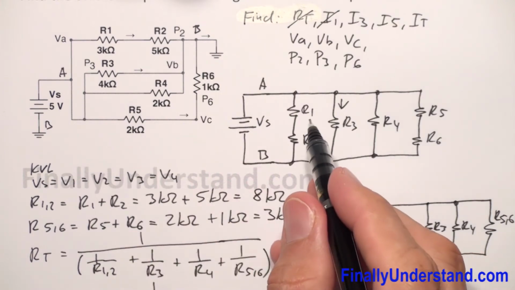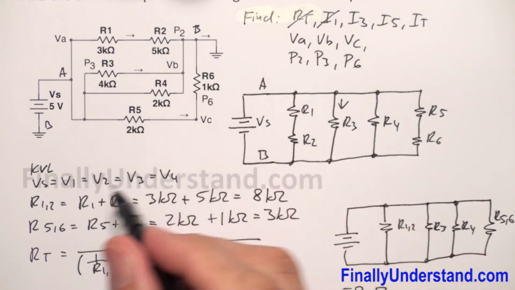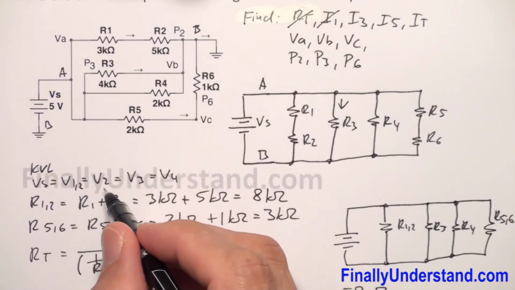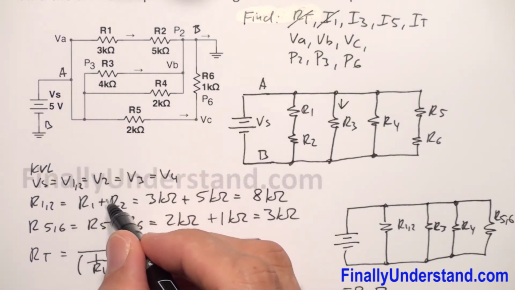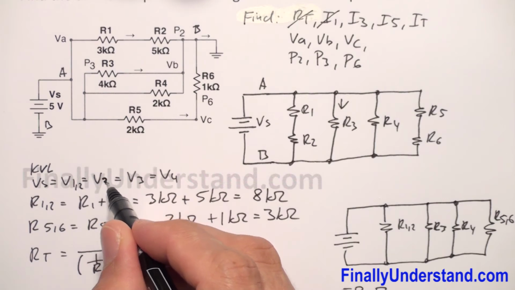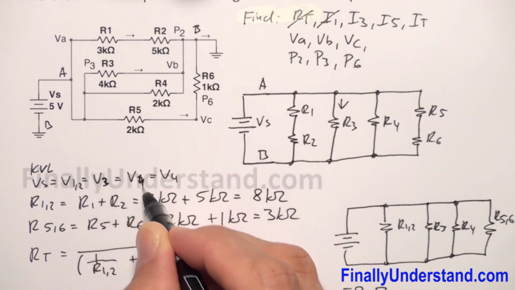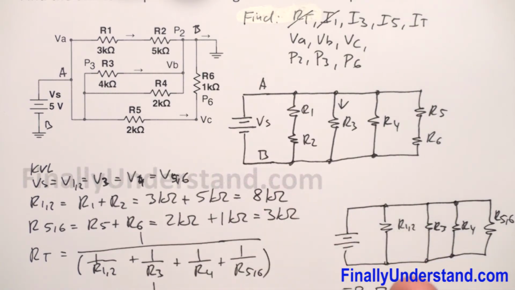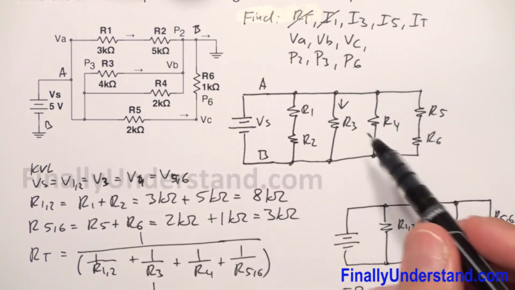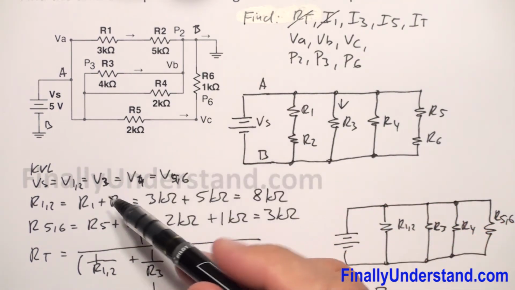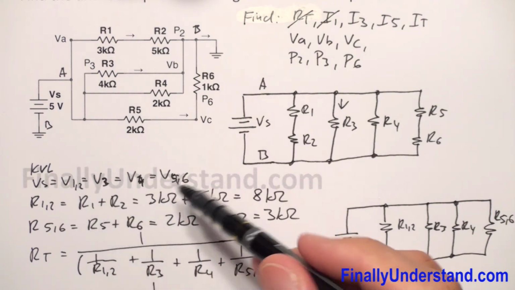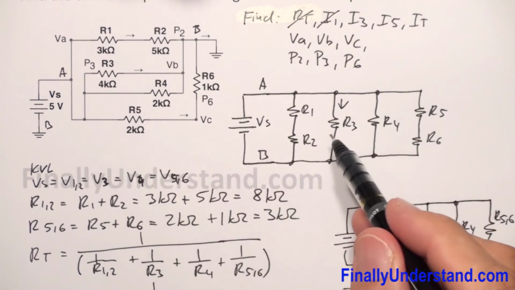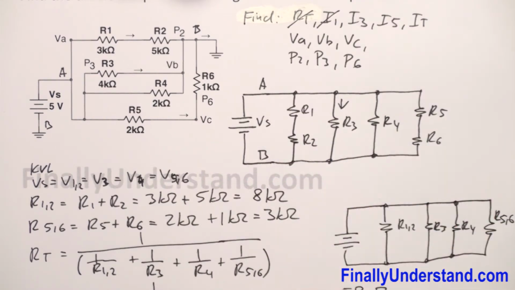But in our case, I'm supposed to write this as V1,2, V3, V4, and this is V5,6, in order to be clear. So the voltage across these resistors is V1,2, V3, V4, V5,6, because this is a parallel circuit.